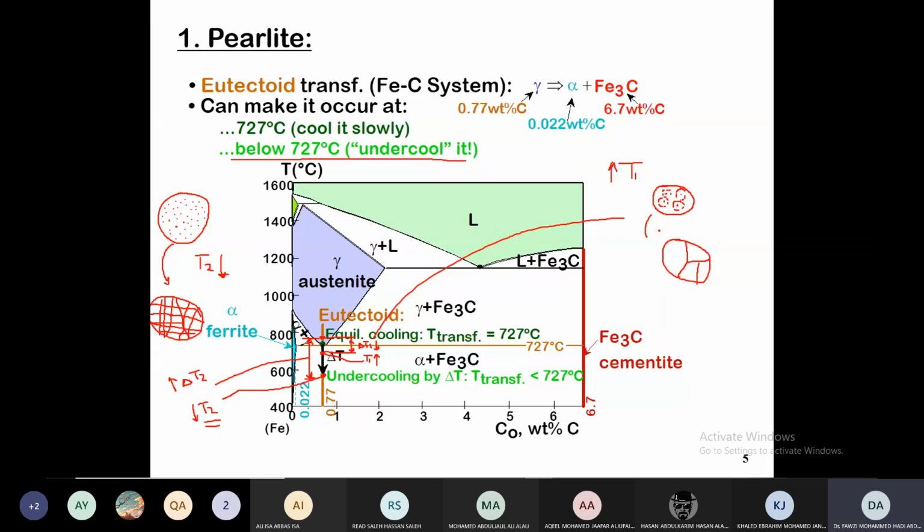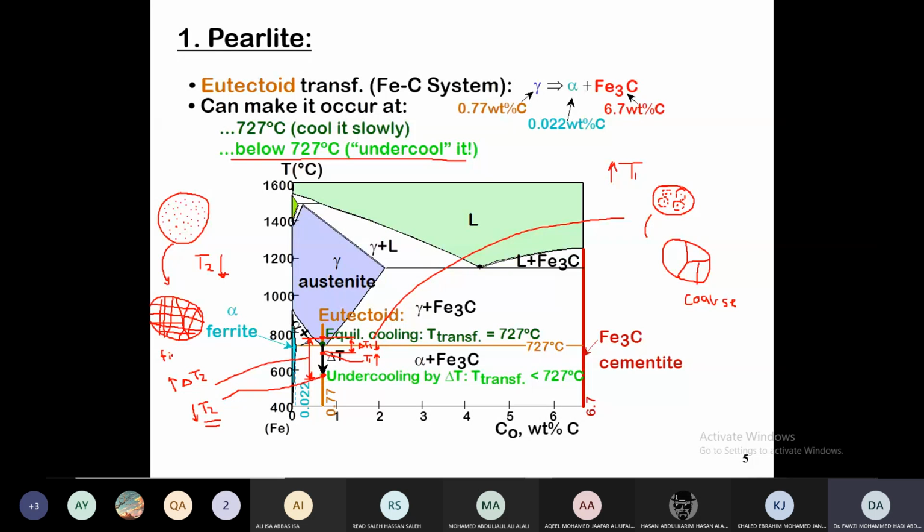So these two things are affecting the microstructure of the material. If we have a small jump in the temperature, we will end up with a coarse microstructure. We call this coarse microstructure. If we have a high jump in the temperature, this leads to a fine microstructure.